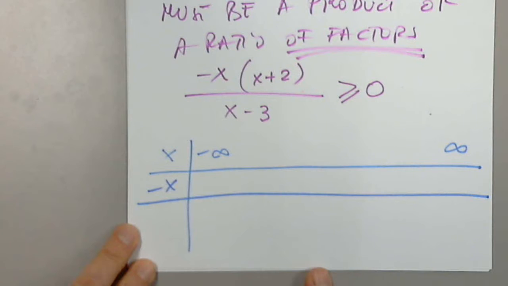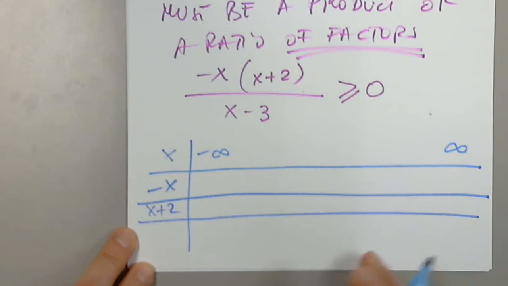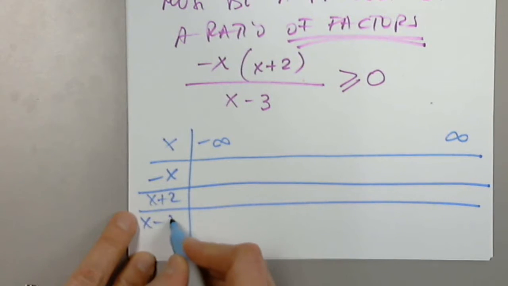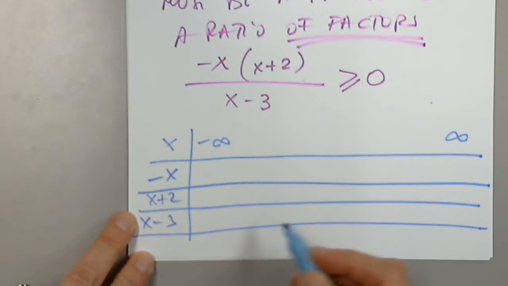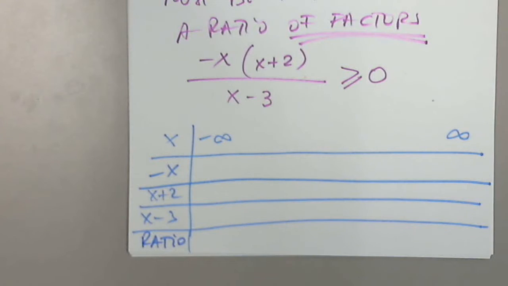The next factor is, and you know me, I always run out of room, so what will I write here? In this case, it's a ratio, because it has a fraction. But what I really mean is the whole thing, right? The whole thing is there on the last row.